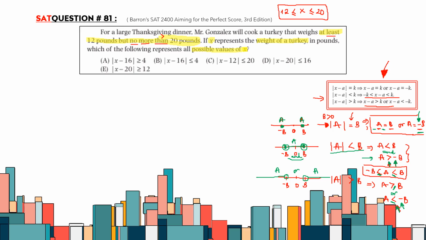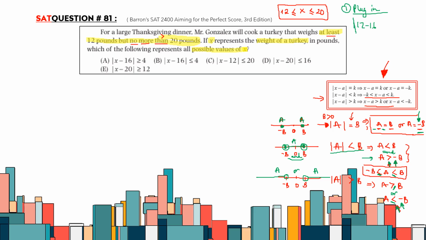Okay, so in this question, you can plug in. Using plug-in means you still have to solve twice for one answer choice to make sure if it works or not, right? So for example, if we choose the plug-in method, you will have the absolute value of 12 minus 16.